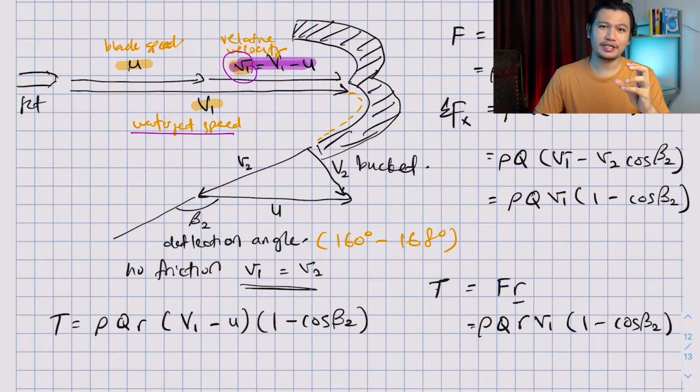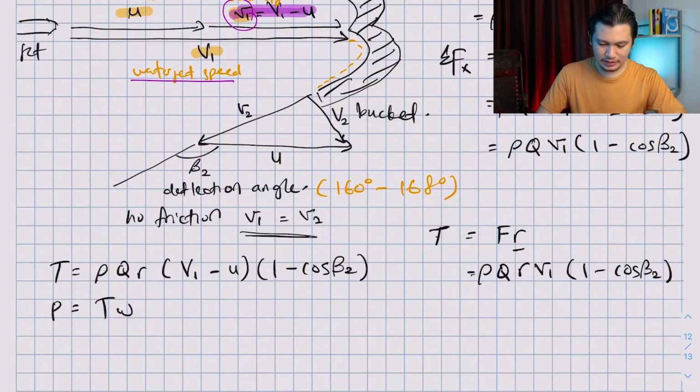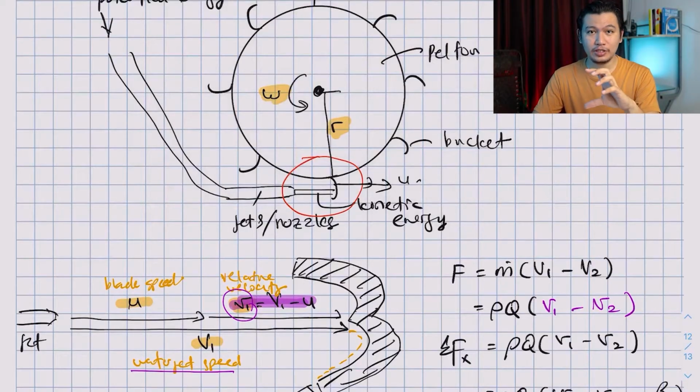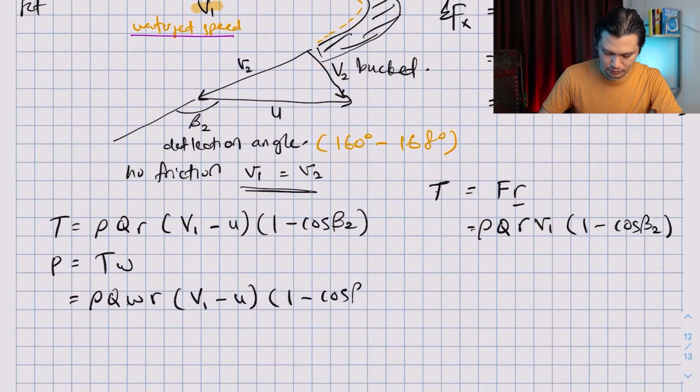Now that you have the torque, if I want to find power, I think you know how to do this. Power is simply torque times omega. And where is this omega? Omega is going to be here. That is your omega, the rotational speed of the whole wheel. So you have rho Q omega R (V1 minus U)(1 minus cos beta 2).